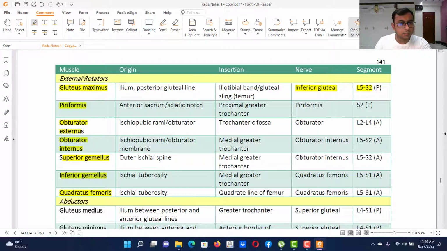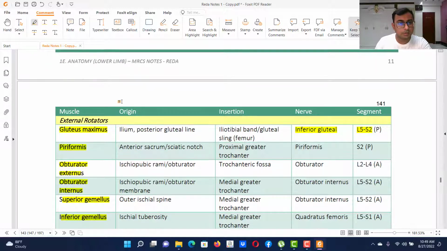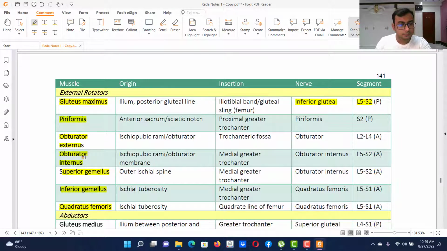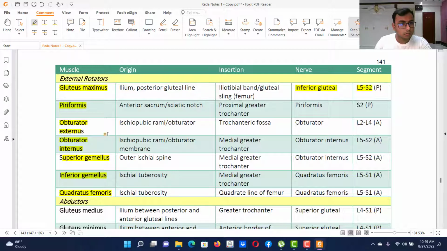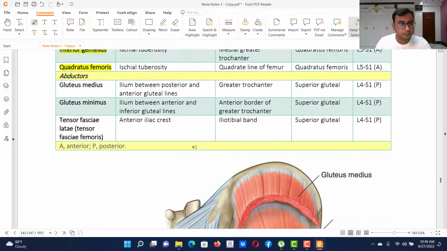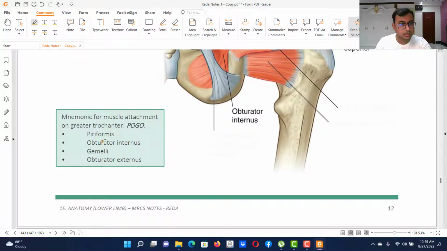Sometimes it's also called POGO: piriformis, obturator internus, gemelli, and obturator externus. See the mnemonic for muscle attachment: POGO.